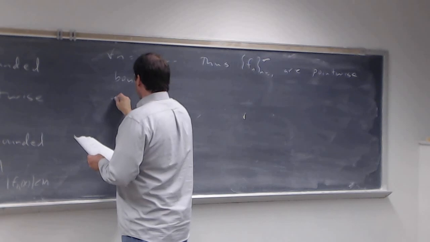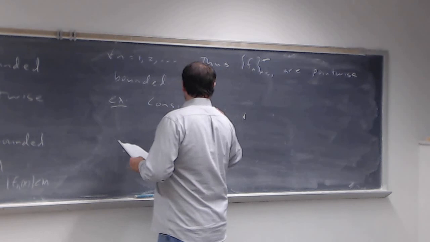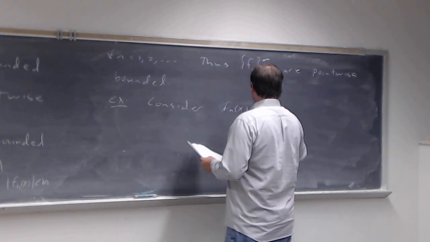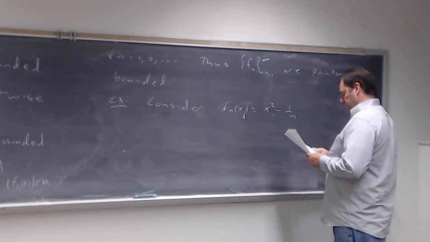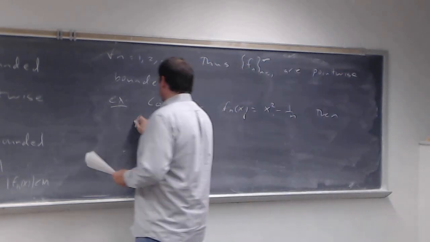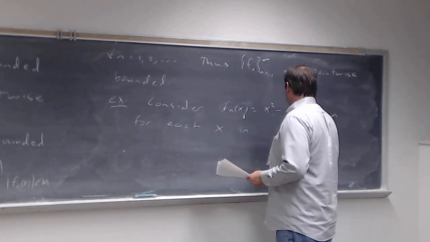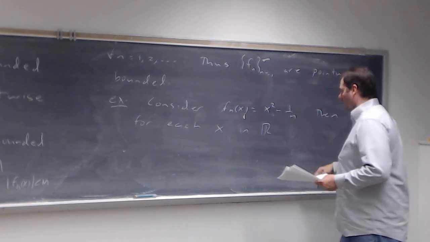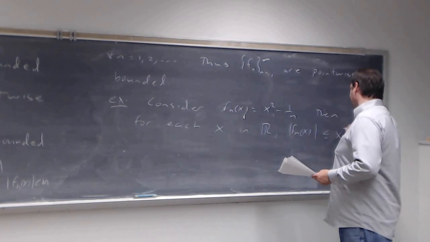As an example, consider f sub n of x equal to x squared minus 1 over n, defined on R. Then for each x and n, the absolute value of f sub n of x will be less than or equal to x squared.